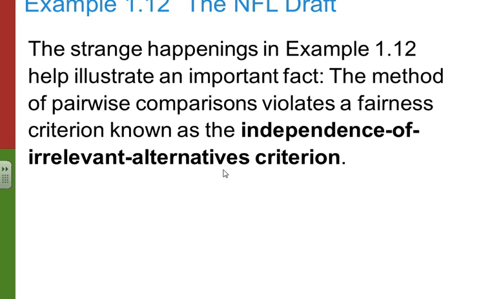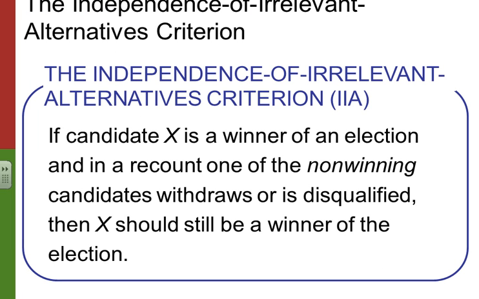The independence of irrelevant alternatives criterion: if a candidate X is a winner of an election, and in a recount, one of the non-winning candidates withdraws or is disqualified, then X should still be the winner.